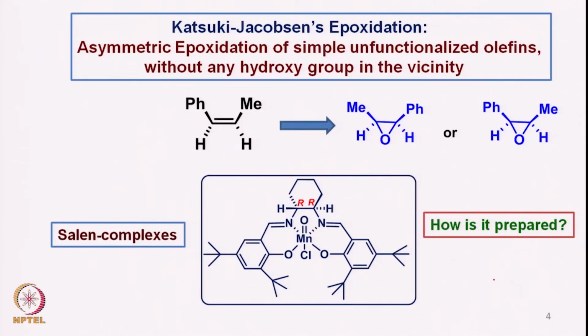Now, so far we discussed the epoxidation of allylic alcohol. So, in the epoxidation using Sharpless conditions, the requirement was that allylic alcohol is a must. That means the OH group has to be at the allylic position and very close to the double bond.